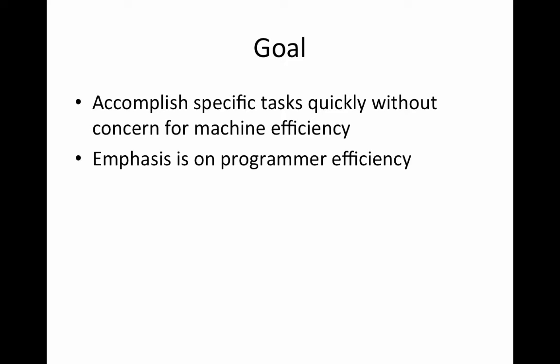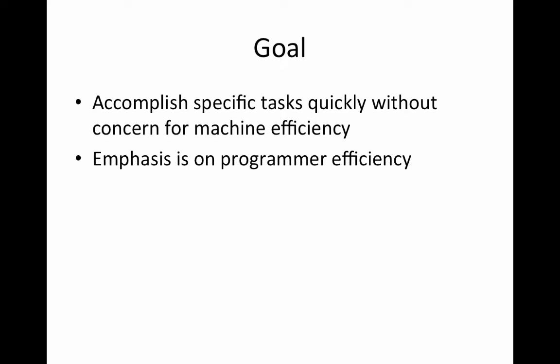Whereas a traditional compiled language like C or C++, even to a great extent Java, are more geared toward the convenience of the machine, toward being able to specify your program in a way that will allow the machine to execute it efficiently. With scripting languages, machine efficiency is a secondary consideration.